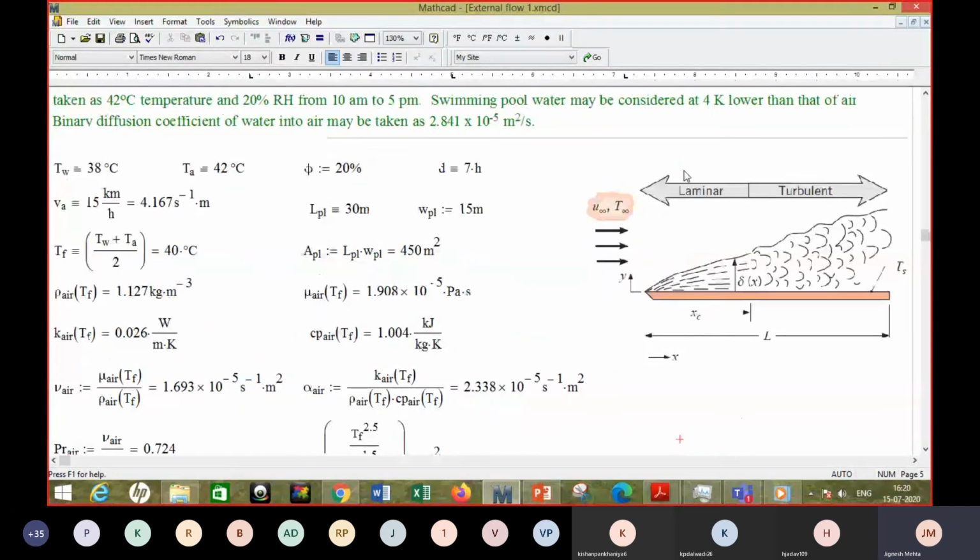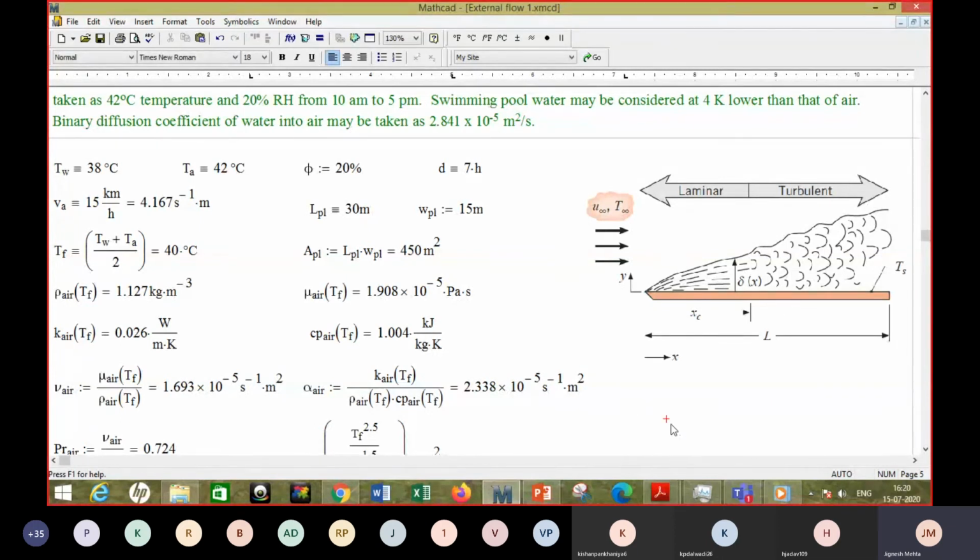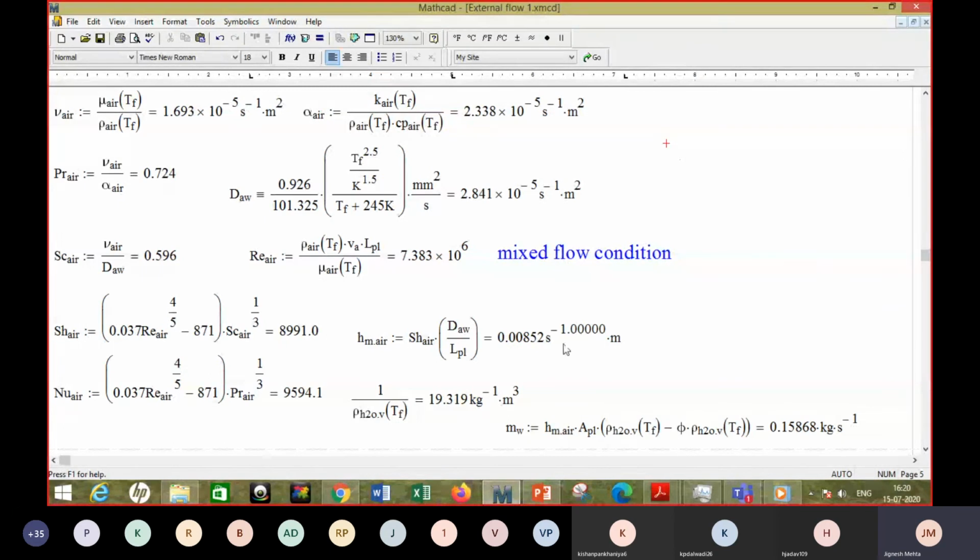It means that, as it is shown here, initially it is laminar, but then there is a transition towards the later part to turbulent flow. Now it might happen, and if that is the case, generally it will be mentioned clearly that the flow may be assumed to be turbulent from the beginning. That is, if there is some hindrance to the flow of air while it is starting to flow over the surface of water, if you put some blunt object, then it might happen that it becomes turbulent from the beginning.